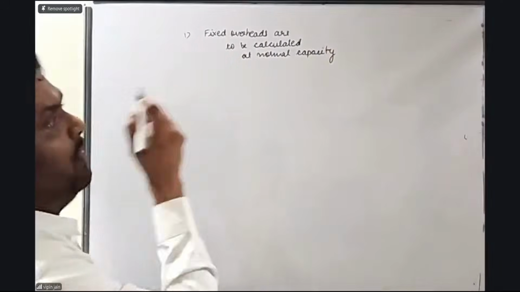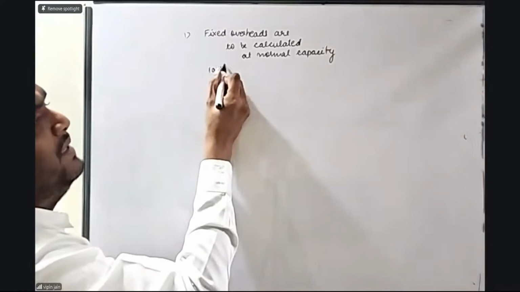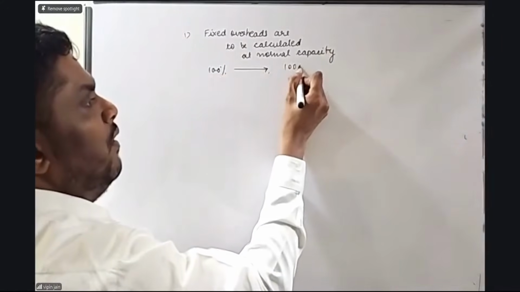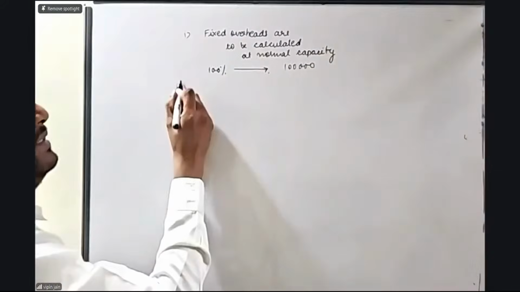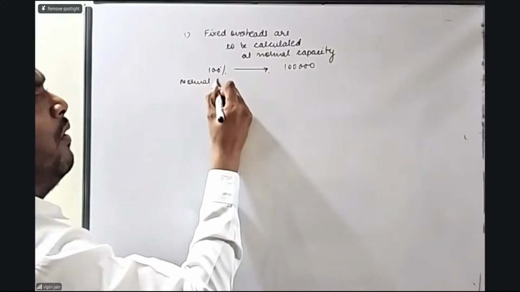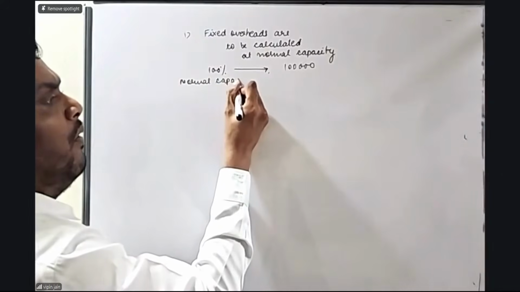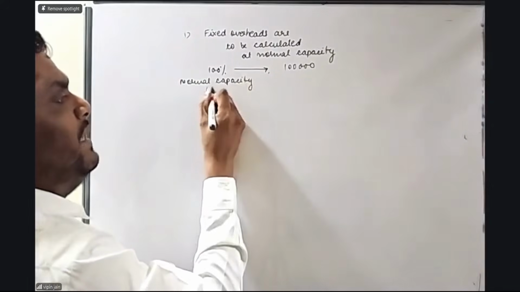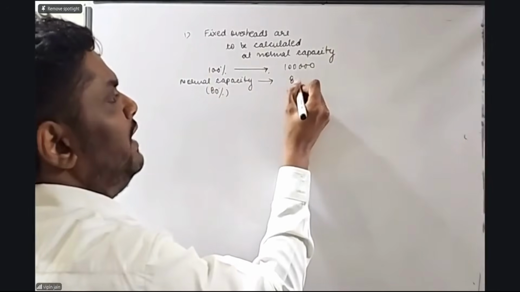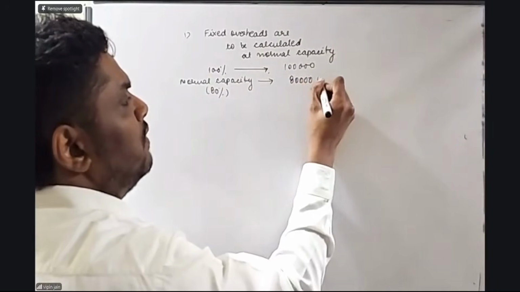Let's say my 100% capacity is 1 lakh units. However, let's say my normal capacity is 80%, and that is 80,000 units.